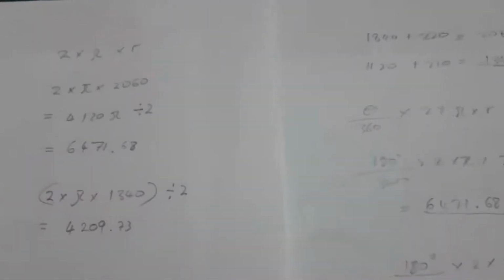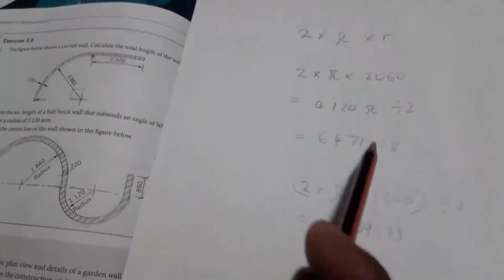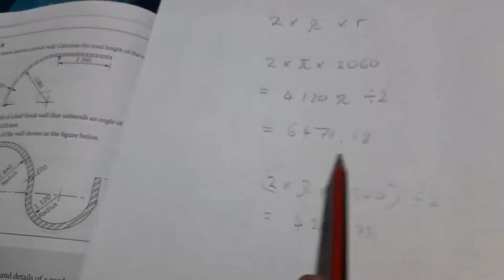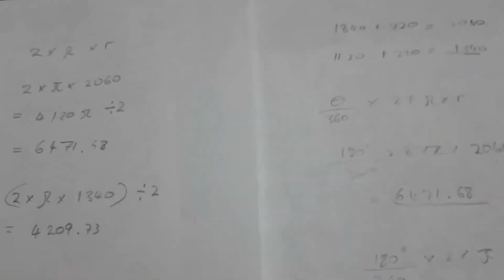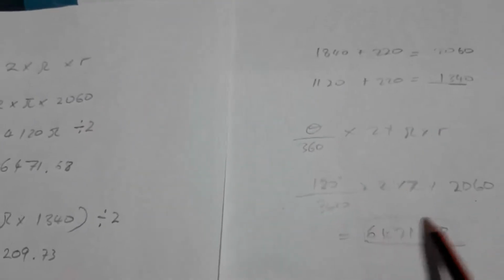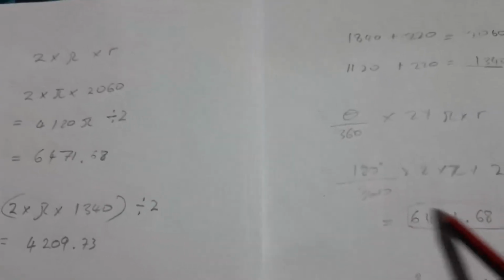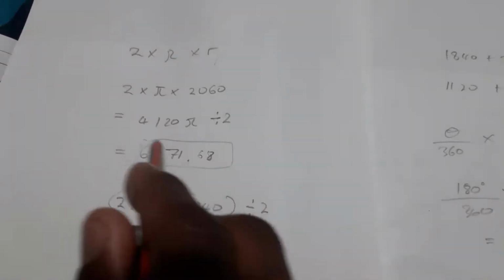So if you can also look closely, you get the same length for the semicircular curves when using both formulas.